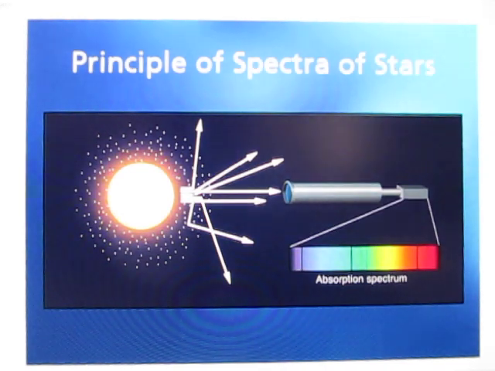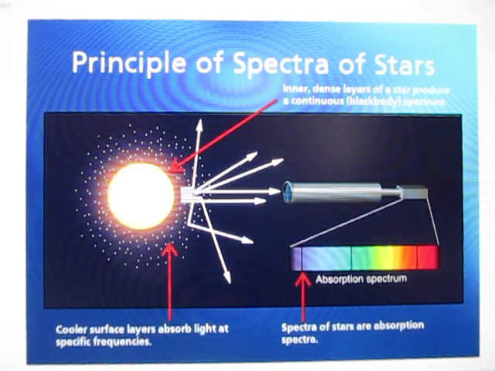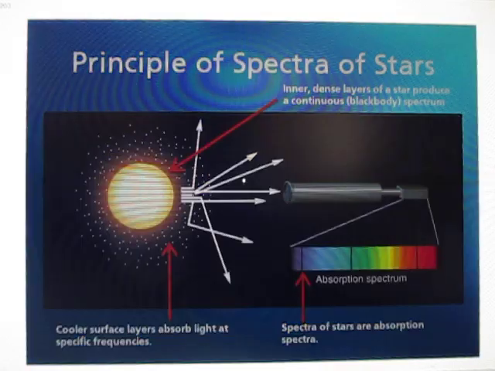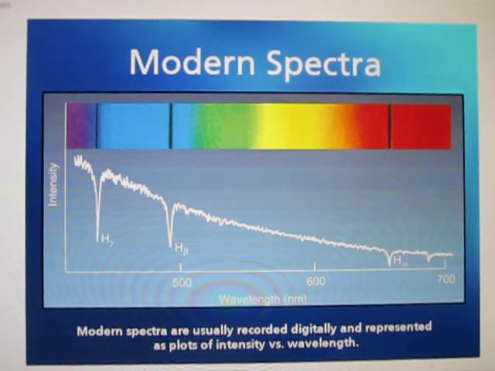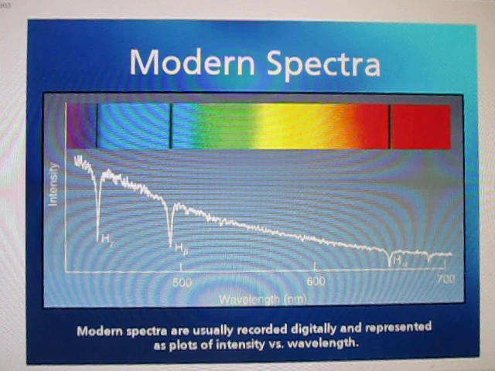Review this image to learn about the principle of spectra of stars. So again, by replacing the eyepiece with a diffraction grating, the continuous spectrum is broken up with black lines, which is gases absorbed in the atmosphere of stars. Modern spectra are usually recorded digitally and represented as plots of intensity versus wavelength.